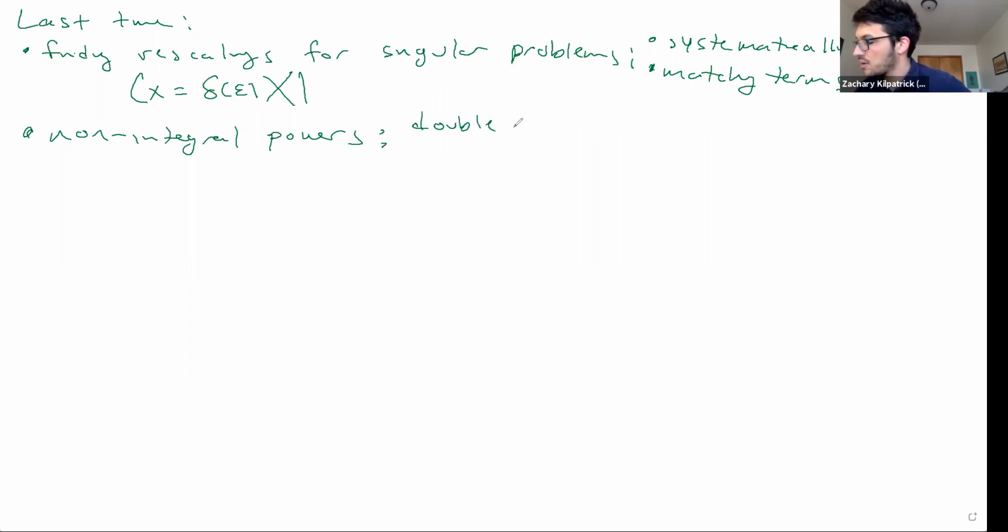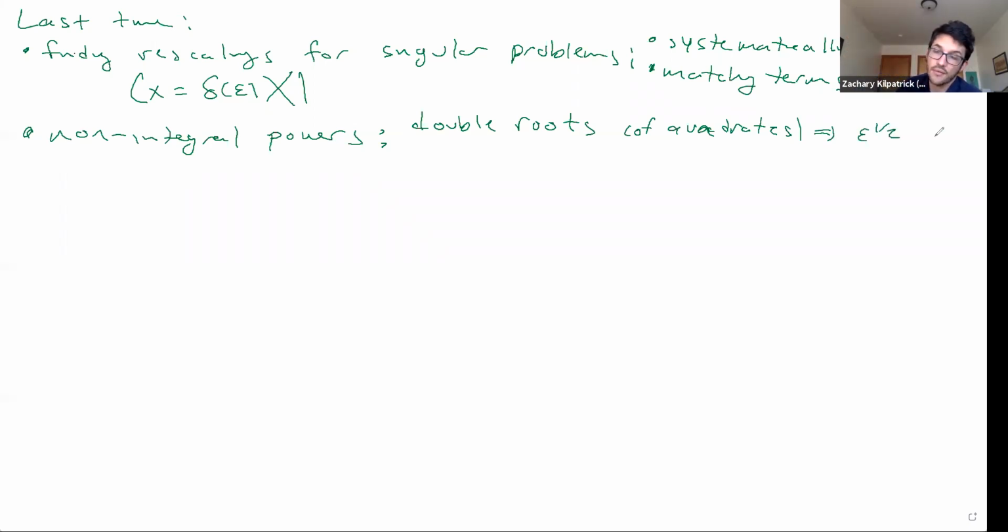So double roots of quadratics, okay? If you're expanding around those, this implies that you might have to expand in something like epsilon to the 1/2, right? For other algebraic problems, maybe of higher order, you may have other fractional powers that you have to expand in, okay?